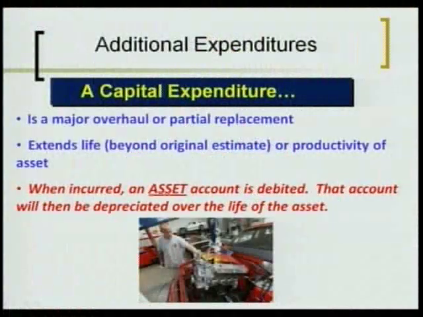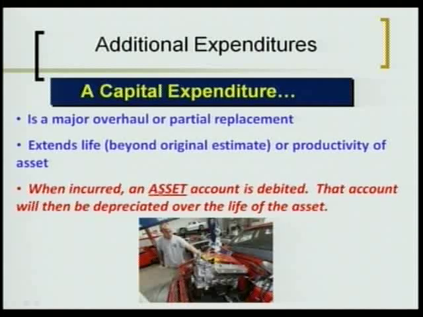Now let's talk about the next category when we have additional expenditures, and that would be a capital expenditure. A capital expenditure is a major overhaul or a partial replacement. And this is the deal. It extends the life beyond the original estimate, or it extends the productivity of the asset.